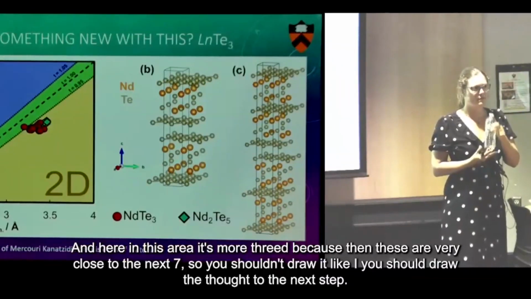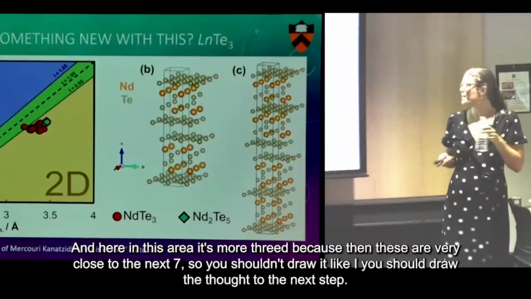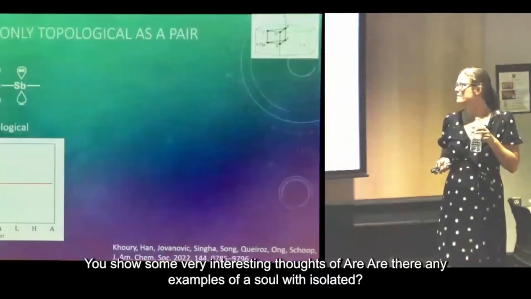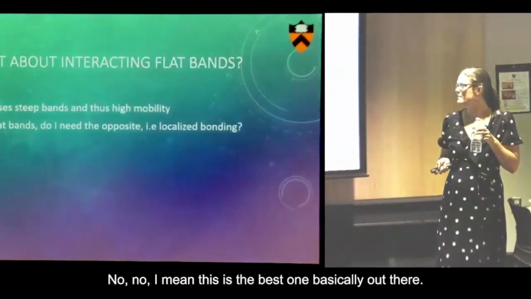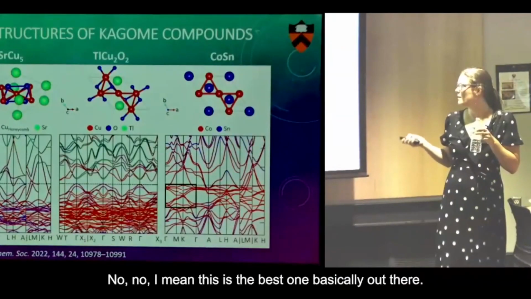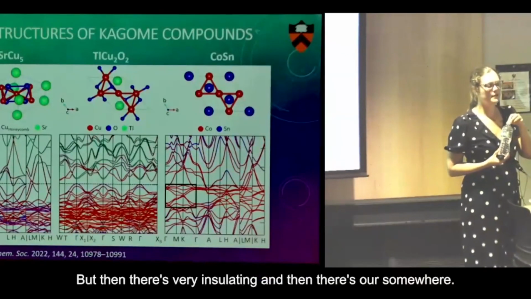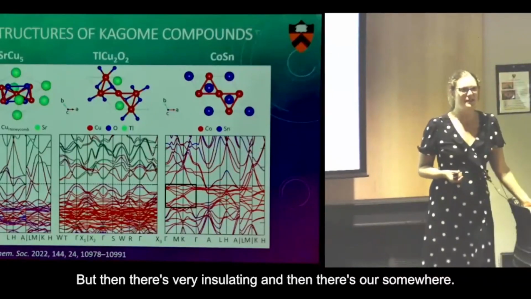You showed some very interesting plots of Kagome band structures for Kagome materials. Are there any examples of a crystal with isolated Kagome bands near the Fermi level? No, I mean, this is basically the best one out there. There are some that turn out to be quantum spin liquids, where it looks like it, but then they're very insulating.